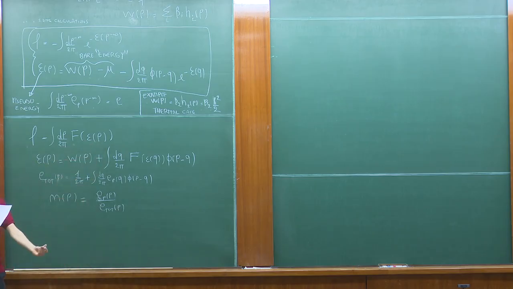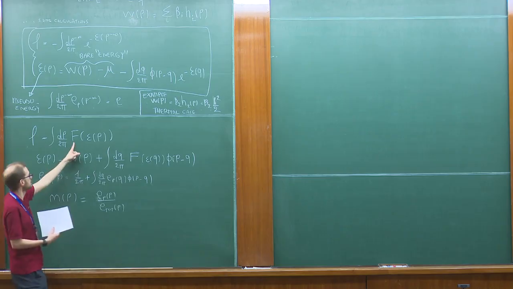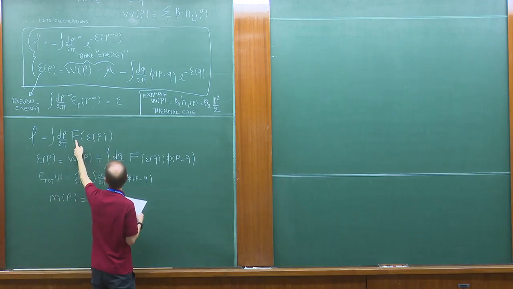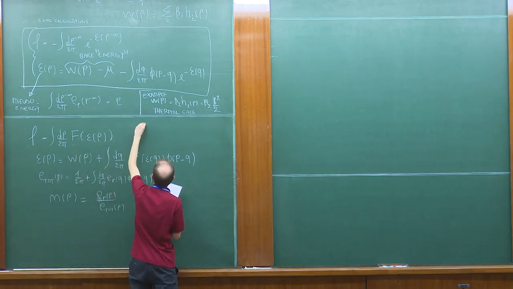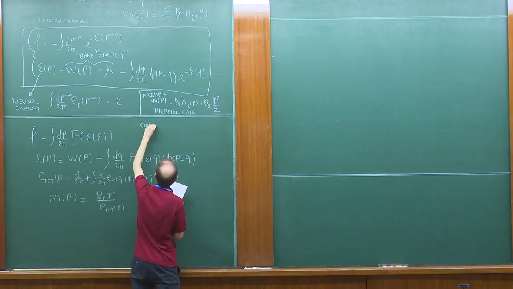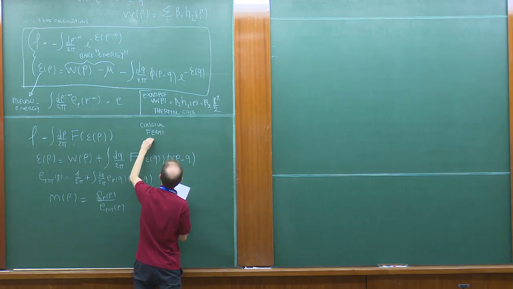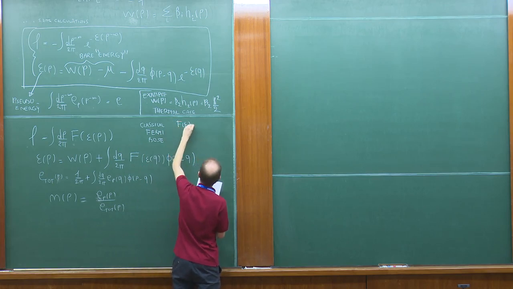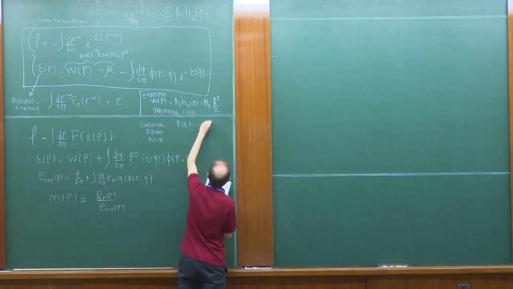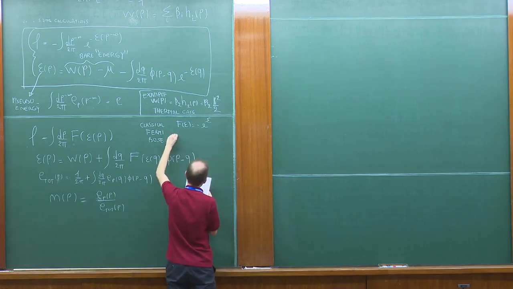So whether you are describing a classical gas, a fermionic gas, a quantum gas, or something else, here the statistics enters and determines the form of this function capital F. I give examples. But the form is not surprising, I would say.